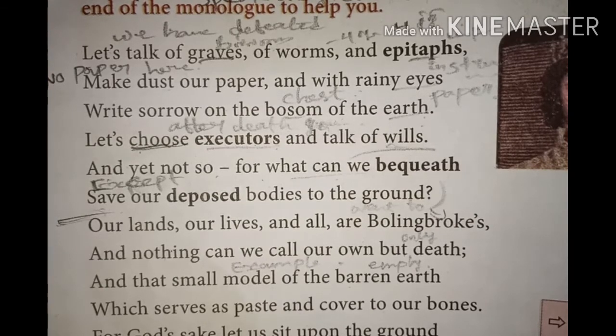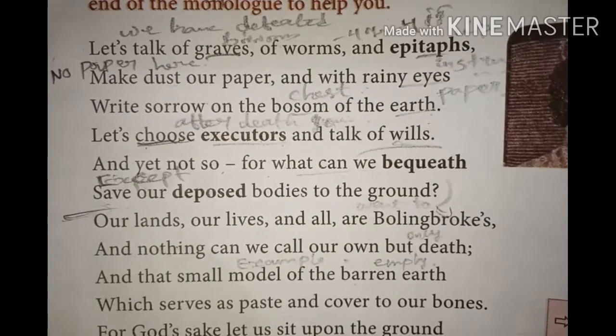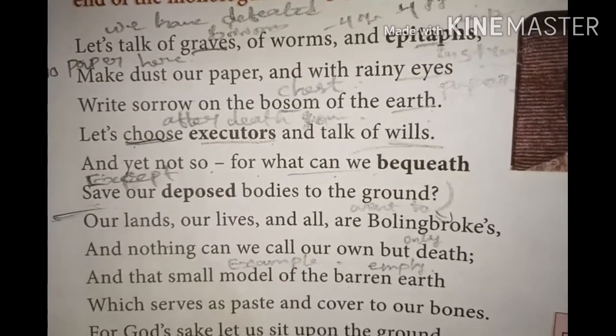It is called the epitaph. And he also says to take a paper, use this dust as paper, and use your rainy eyes as the pen, and write the sorrows on the bosom of the earth. Bosom means the chest, on the earth.